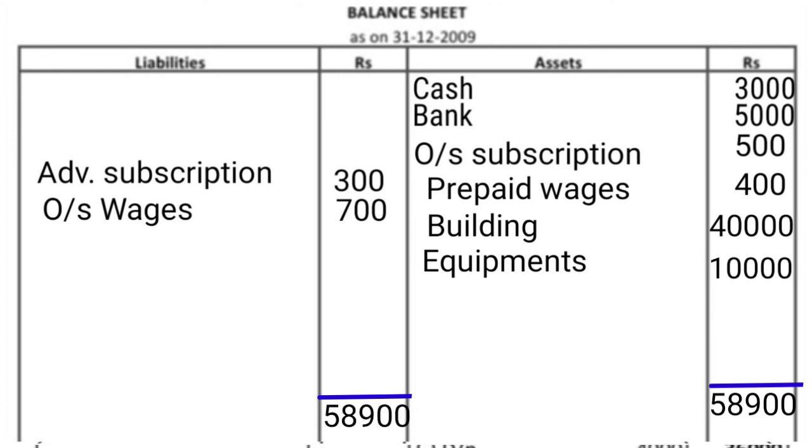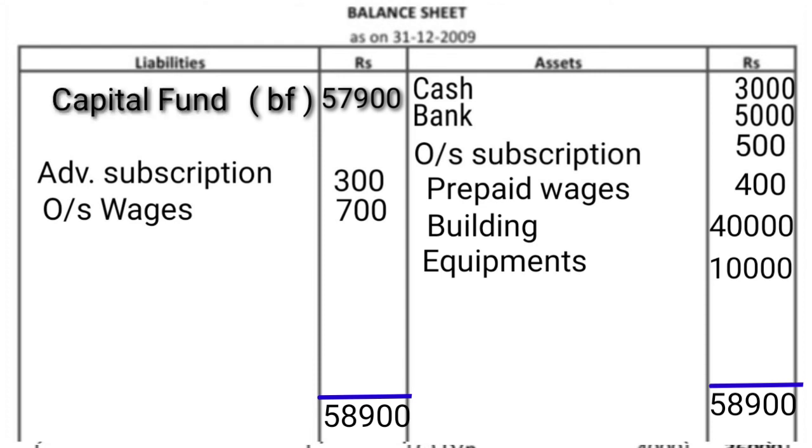We know assets equal liabilities plus capital. Here the total of assets is 58,900 and liability is 1,000. So the remaining balance, rupees 57,900, is the capital. Here the balancing figure is rupees 57,900. This balancing figure is the capital fund.